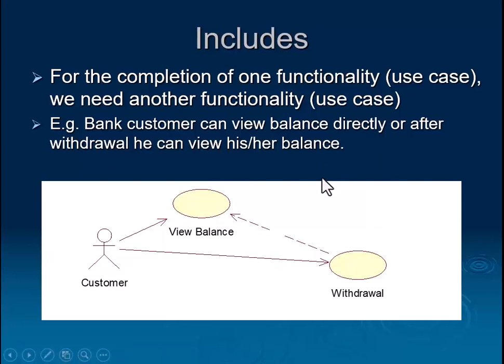The customer can directly view the balance or can withdraw the money. But the withdraw use case can further include view balance. So directly view and indirectly view. This is the include use case for the withdrawal also.